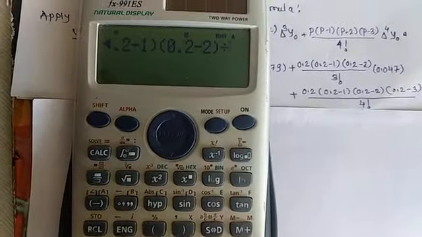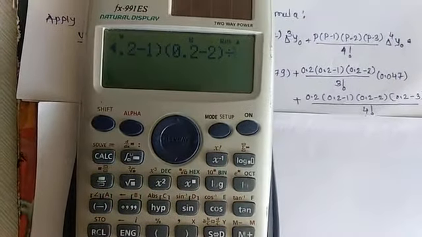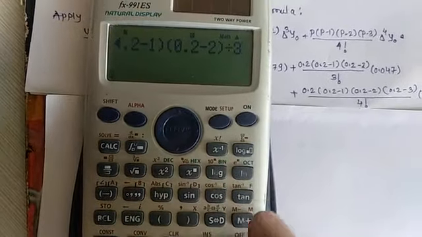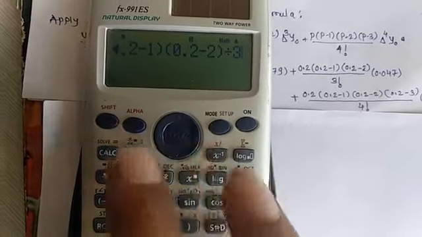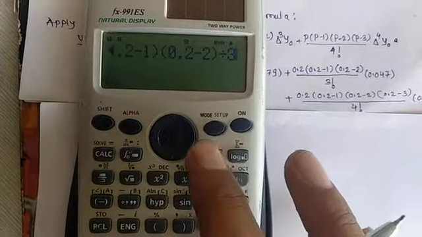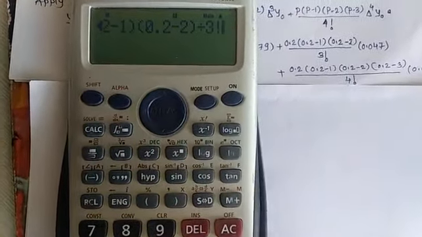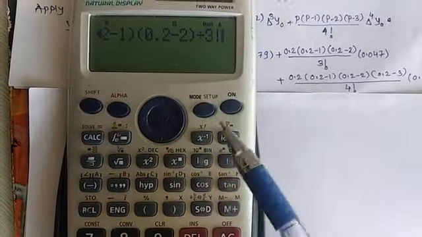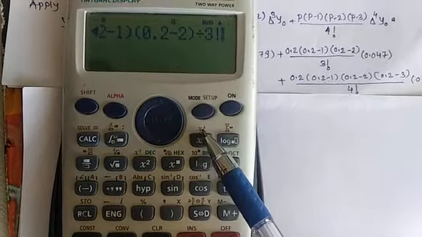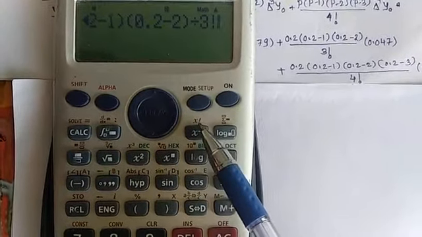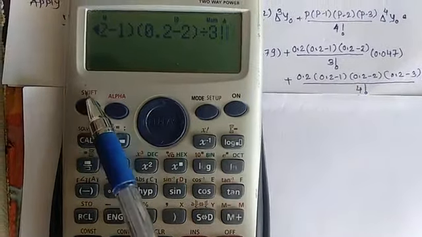You may write 3 factorial using the shift key and the x factorial notation, which is in a yellowish or brown color, same as the shift key.